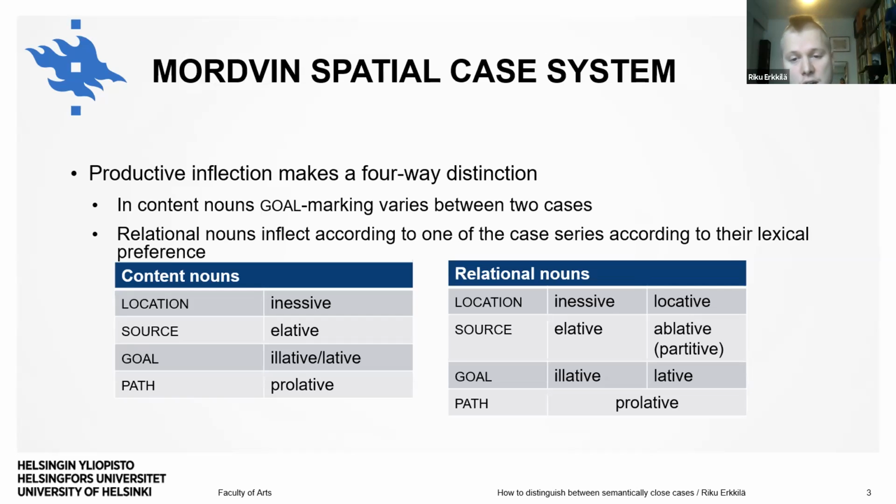And then for relational nouns, some relational nouns always take inessive, elative, and illative, and others always take locative, ablative, and lative, and then all the relational nouns take prolative case. And that is basically a lexical property of the relational nouns, or maybe a historical development.